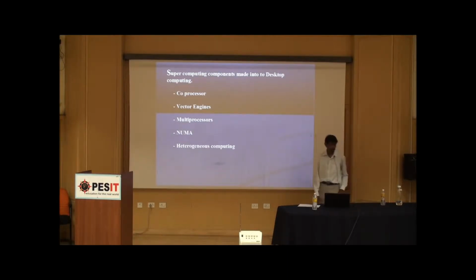Okay, to start with, as I said, we'll start off with a simple fact, why OpenCL has come into it. This is just a small timeline and history. So the supercomputing components are moving into the desktop computing.